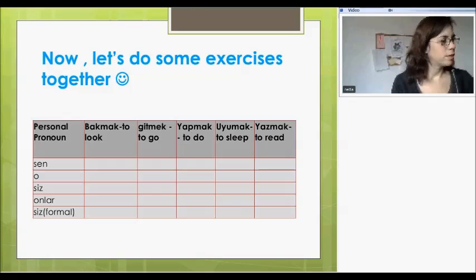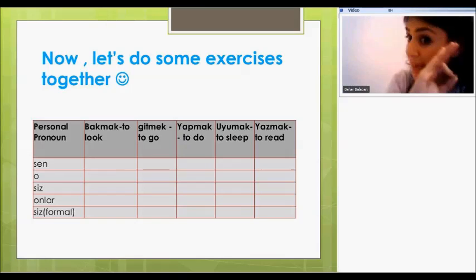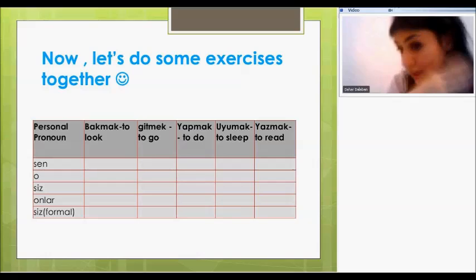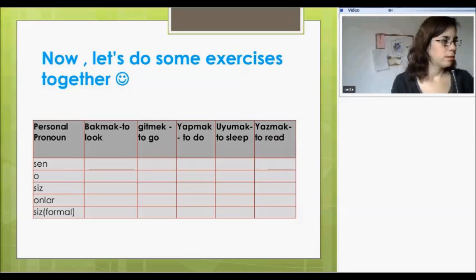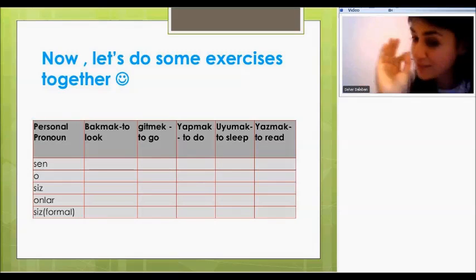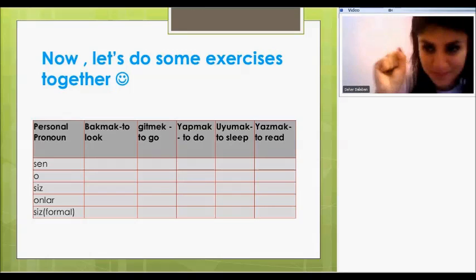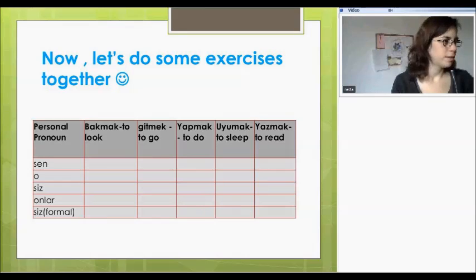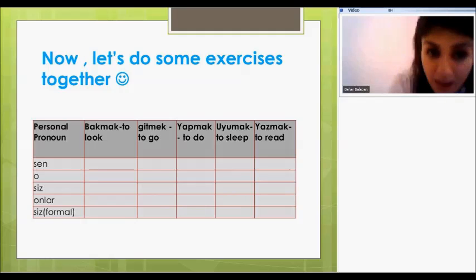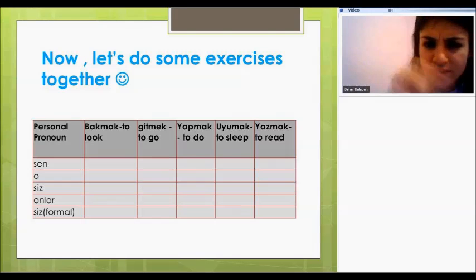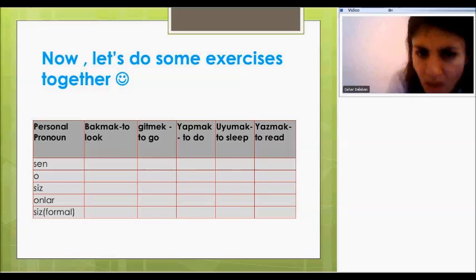Okay. The main rule, the golden rule, the key, is to always take mek out so that we get rid of the to. So now, once we've got rid of the to, then we have to add the related suffix. And the suffix for the third singular is in. It depends on the vowel harmony. Yeah, okay, so it's in. So, yes. And here, for example, let's do yazmak.